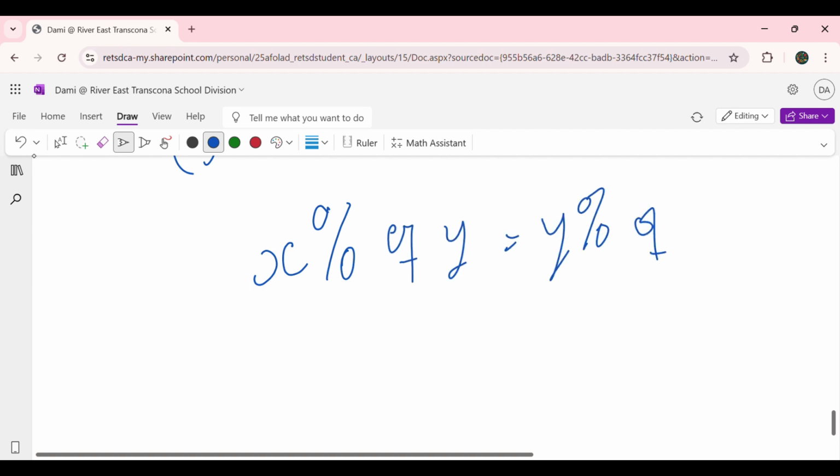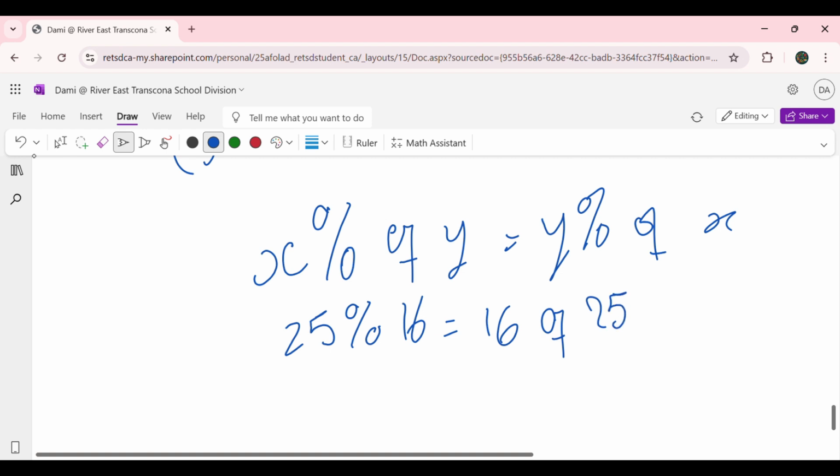X percent of Y is equal to Y percent of X. So for example, 25 percent of 16 is equal to 16 percent of 25, which is 4. Multiply it or whatnot.